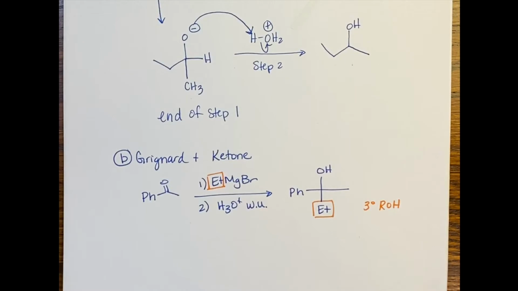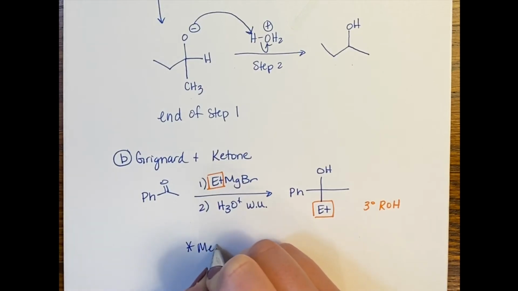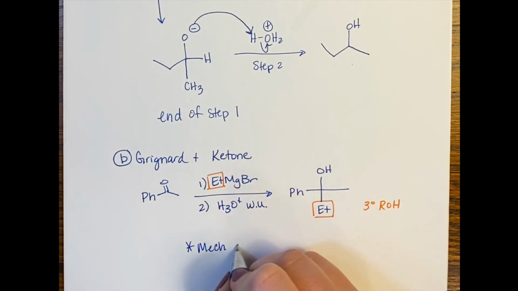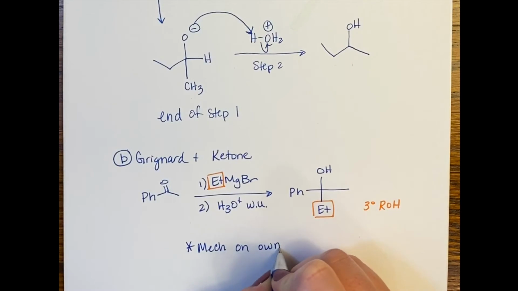And one of the things that you do want to note about this tertiary alcohol is that it does have 3 different carbon-containing groups. And that's going to be important when we get into the synthetic strategies of using Grignard reagents for products that we can make. You should be able to work through the mechanism for this reaction on your own and make sure you can do that.